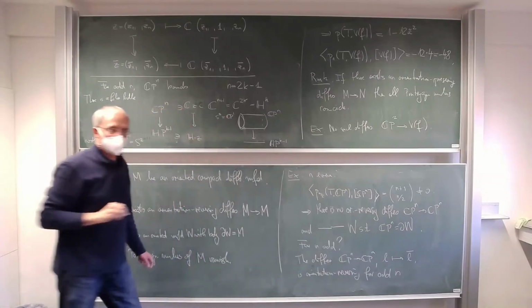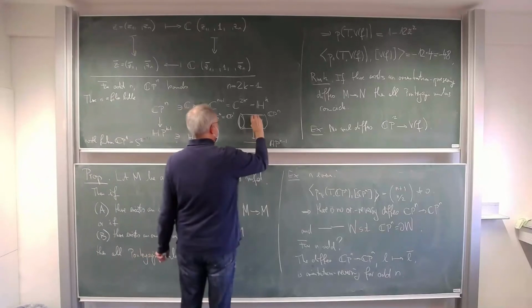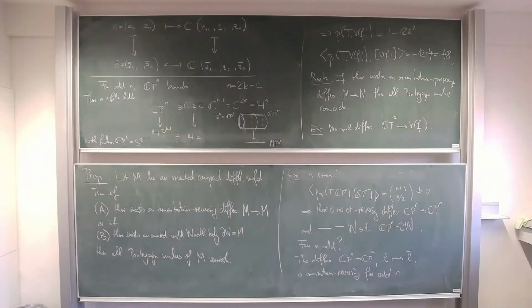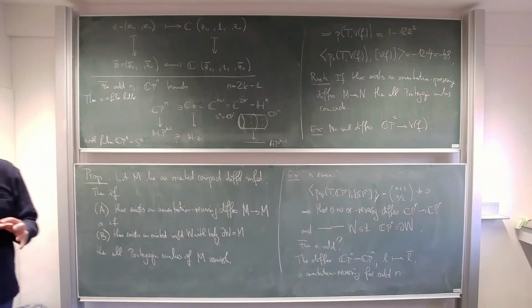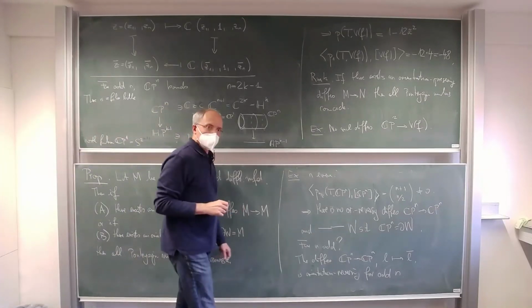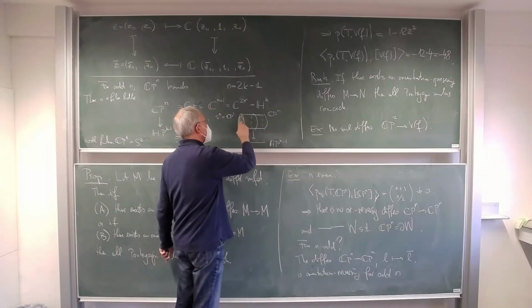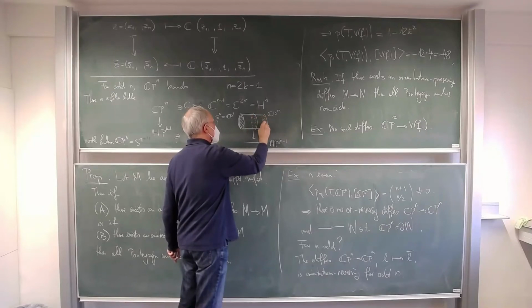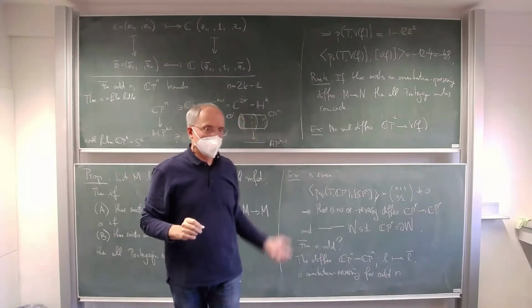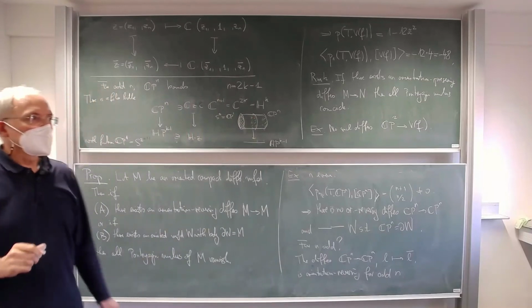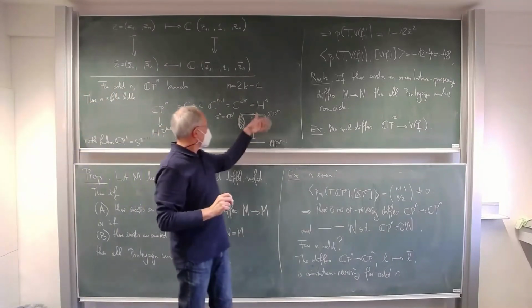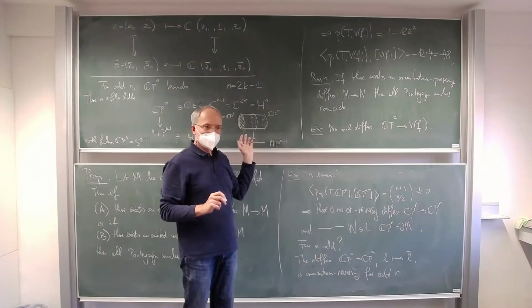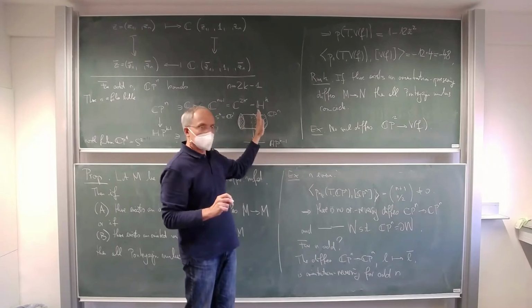We have all these fibers, which are S^2, and S^2 bounds the ball. So we fill each fiber with a 3-ball, and this way we fill all of CP^n. This gives us a manifold whose boundary is CP^n.